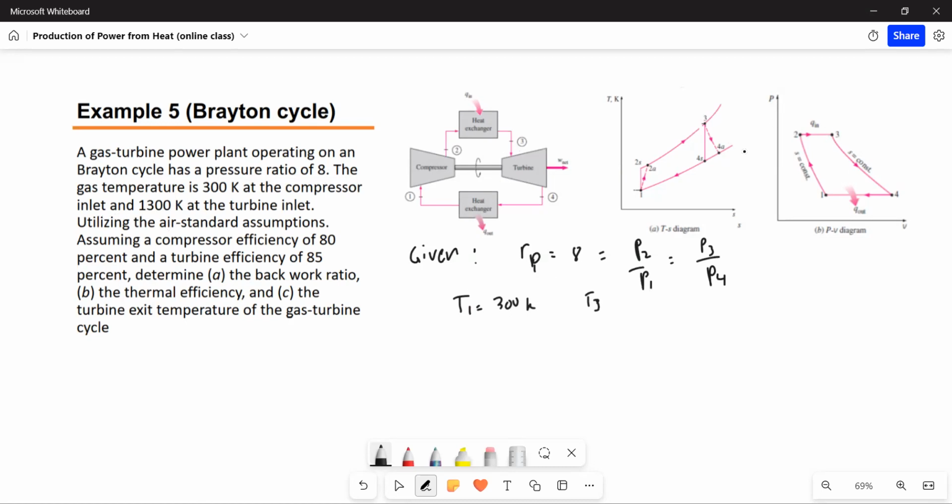Okay, this is the turbine inlet, 1,300 kelvins. And then what else is given? Okay, the efficiency of the compressor pa pala. Compressor efficiency, NC, let's label that as NC 0.8, 80%. And the turbine efficiency is 0.85.